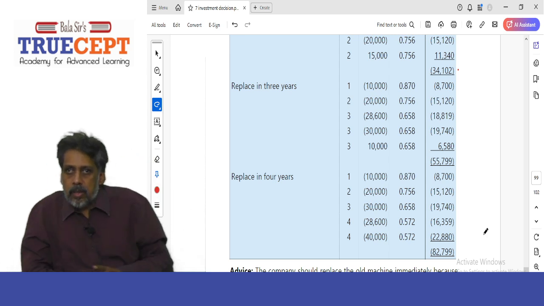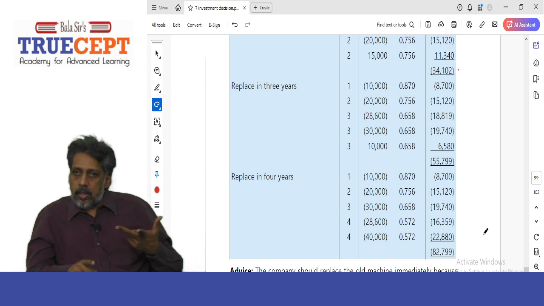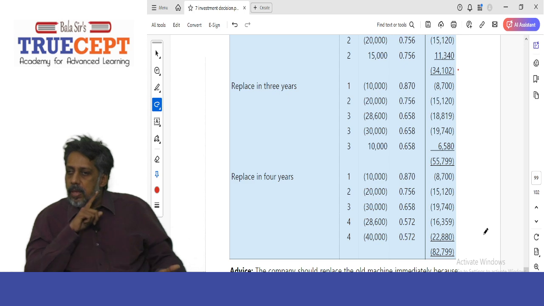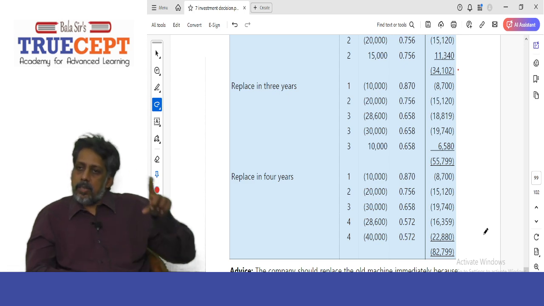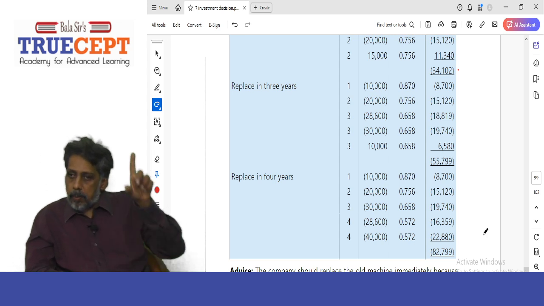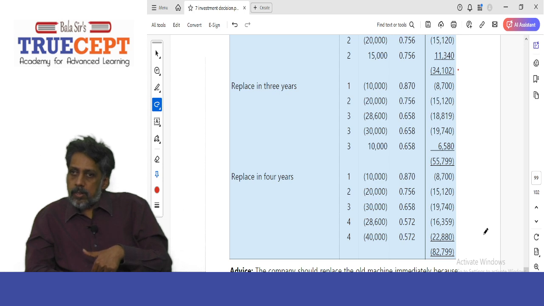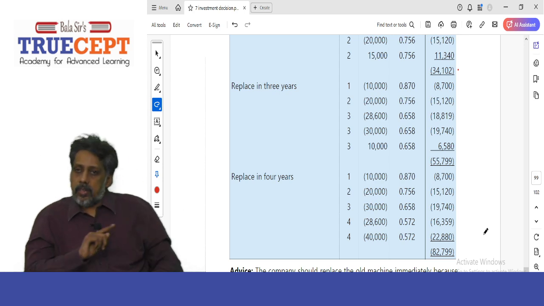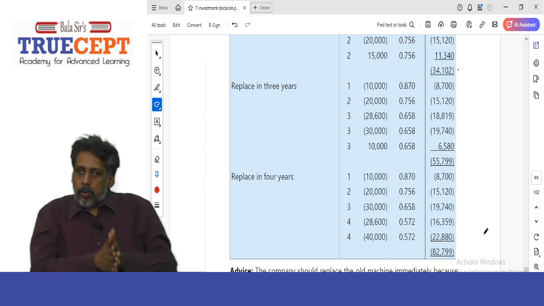Is that fine? Just see, end of year 3: 10,000 into 0.87, 20,000 into 0.756, and then 28,600 into 0.658, and 30,000 into 0.658, and inflow 10,000 into 0.658. That's a cash inflow, right? Net outflow is negative 55,799.